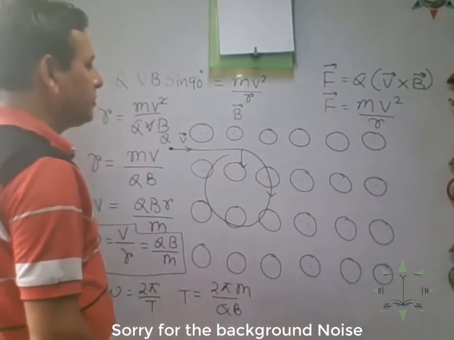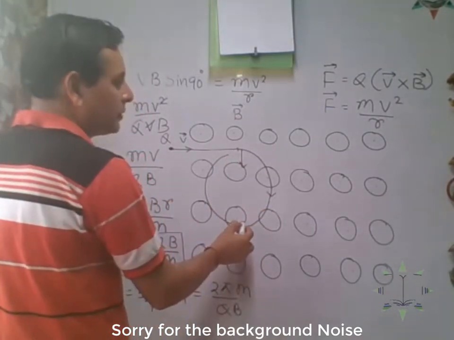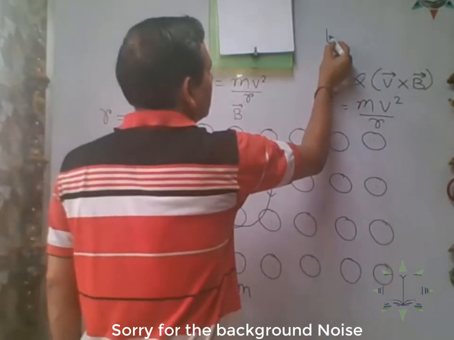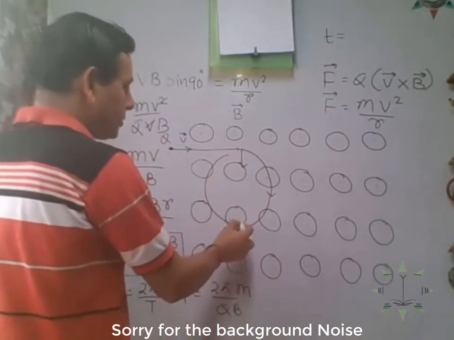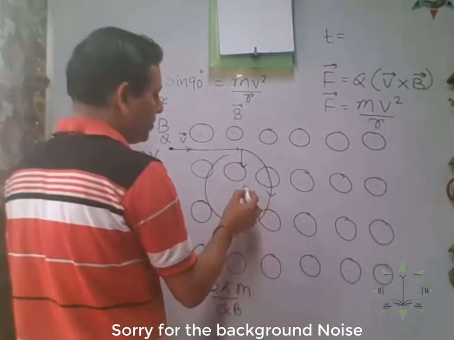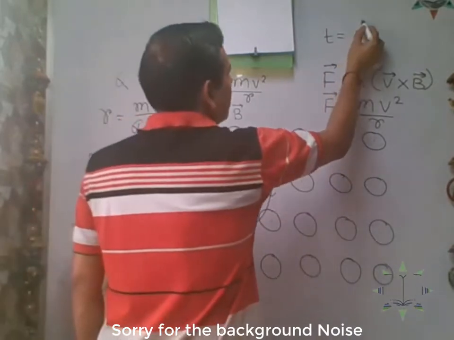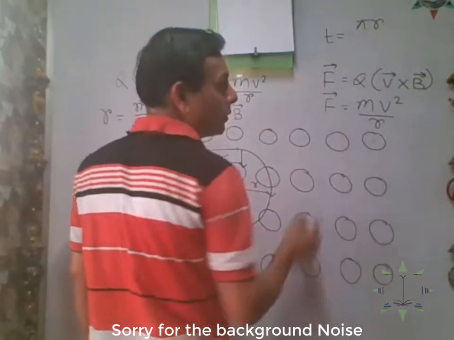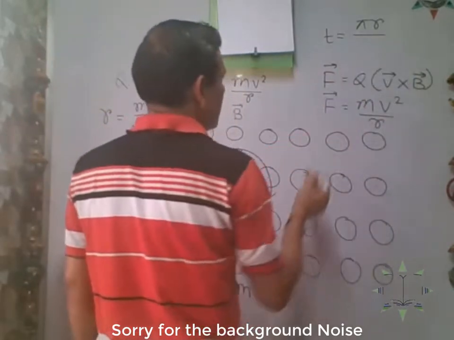Now what is the time taken by the particle to cover half of the circular path? Time taken to complete the half of the circular path. So half circular path, if r is the radius, then half path is pi into r, okay. This is the distance, divided by velocity.